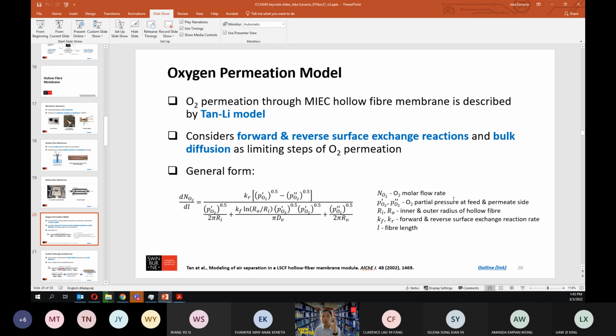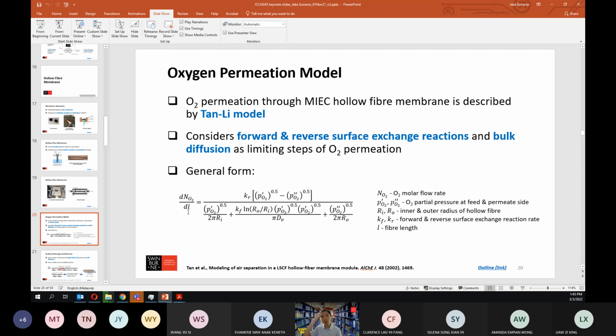And we need to look into what are the available models that describe the oxygen transport in this membrane. One of the models that has been invented at Imperial College is this model in here, the Tunley model. It considers a forward and reverse surface exchange reaction and bulk diffusion. These are basically an ordinary differential equation with respect to the length of the hollow fiber.